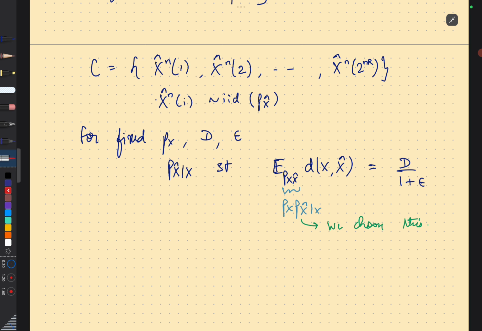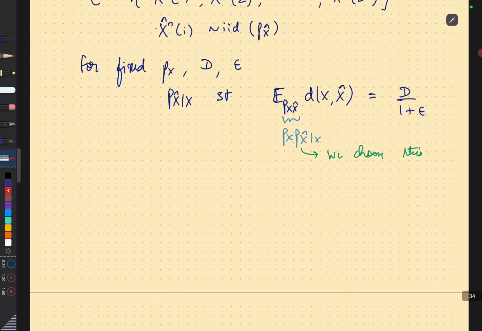In the end, it checks whether it is jointly typical with xn hat of 2 to the nr. If yes, then it outputs 2 to the nr. If no, then it anyway outputs xn hat of 2 to the nr. Because it's not jointly typical with anything, it just gives up and outputs 2 to the nr. That is how the encoder works.